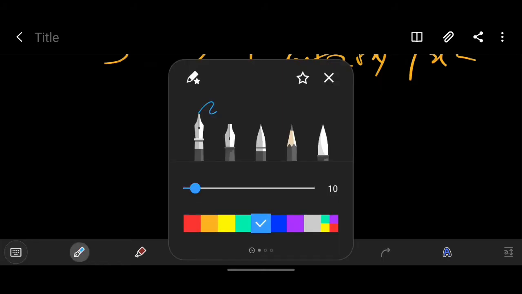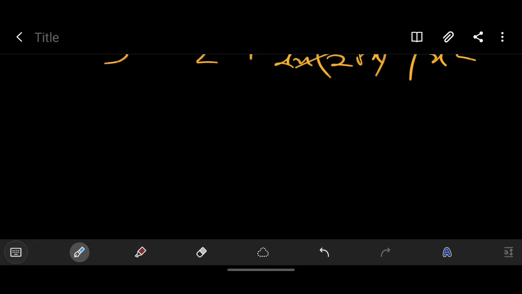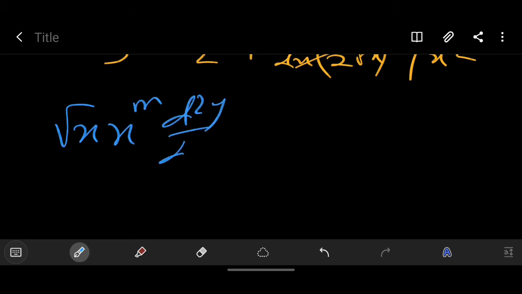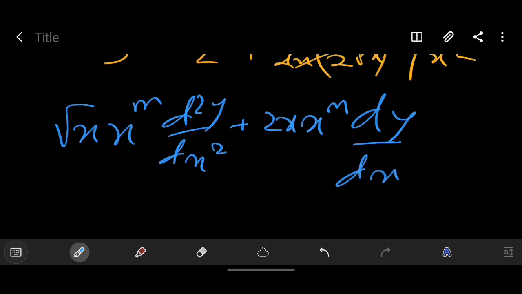If we multiply the whole thing by x power m, we get root of x x power m d squared y dx squared plus 2x x power m dy dx plus 3x power m y equals 0.